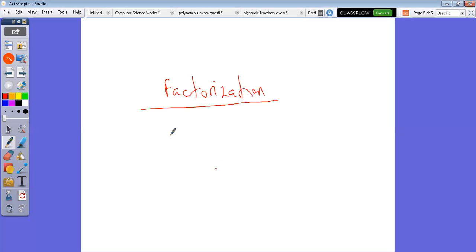So for example, if you're asked to factorize x squared plus x minus 30. We want factors of this, two factors that multiply each other. Because I have an x squared term, that's the first thing that I want to break. It means I'm multiplying a term of x by another term of x.